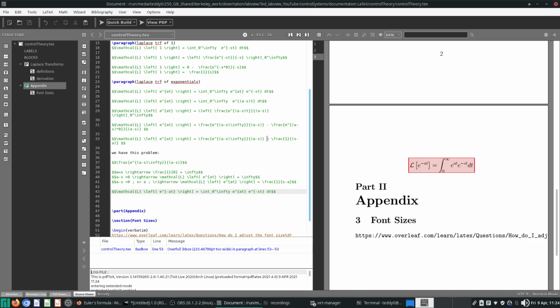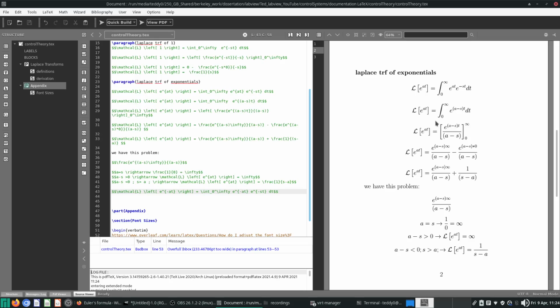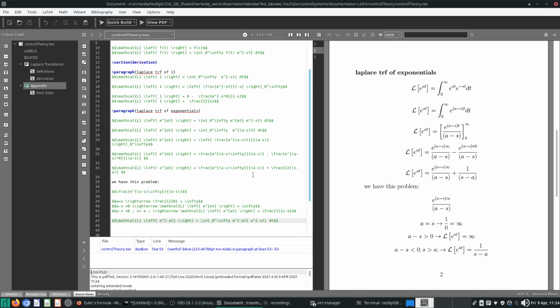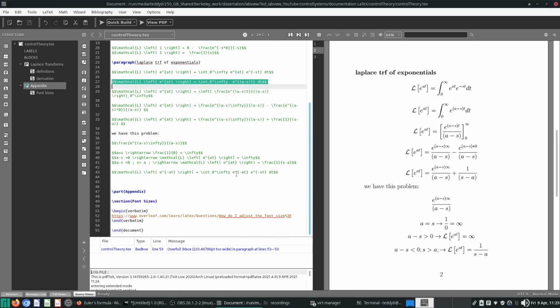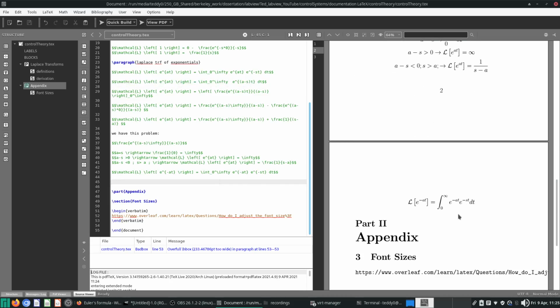You can do that very quickly. So e to the minus at, you'll just have this. Basically I can just copy and paste the top and replace all the places where I have a with minus a. Maybe it's better to explain.